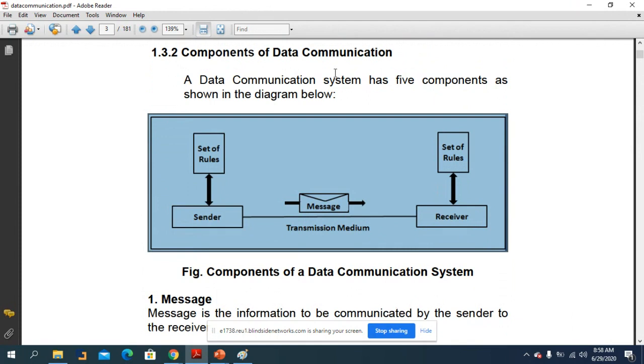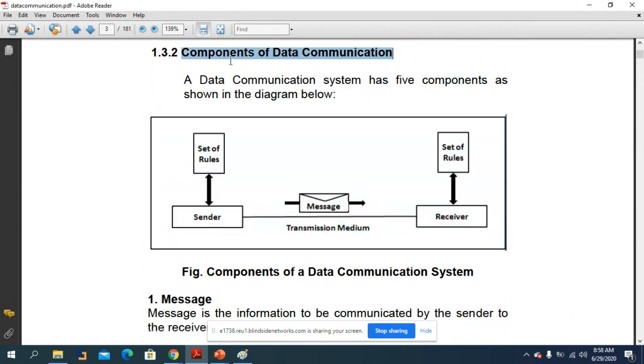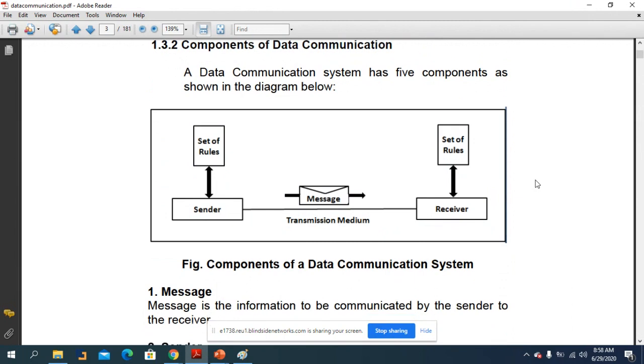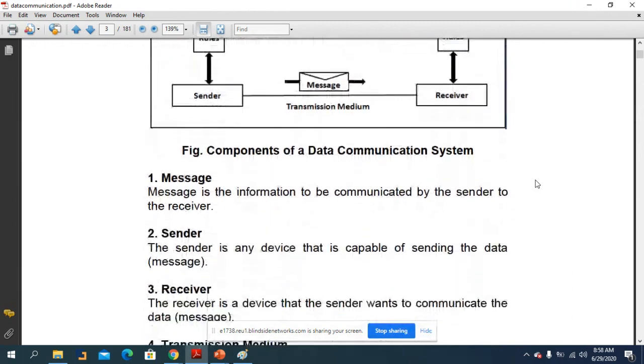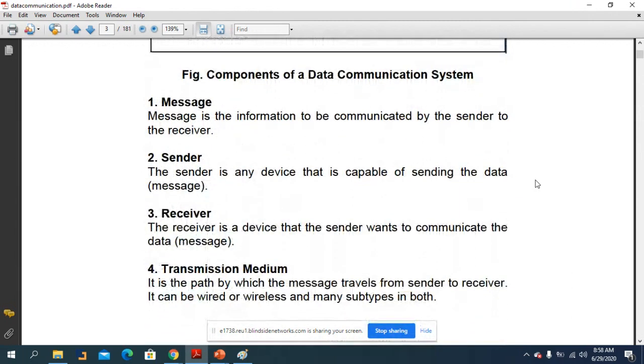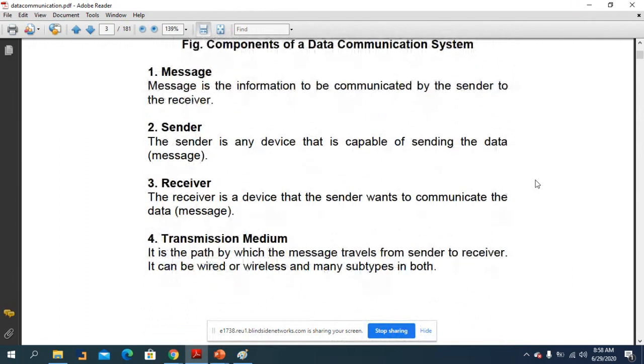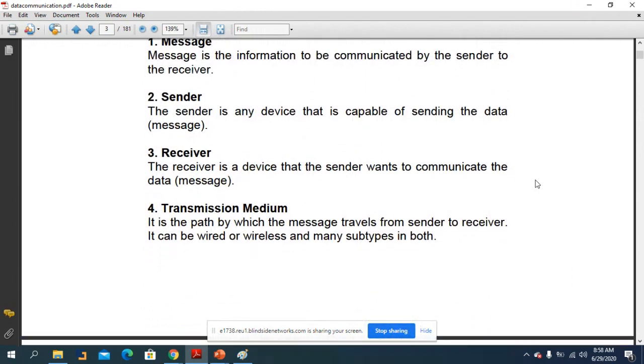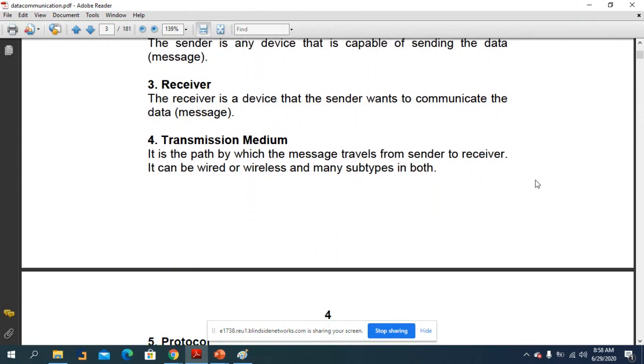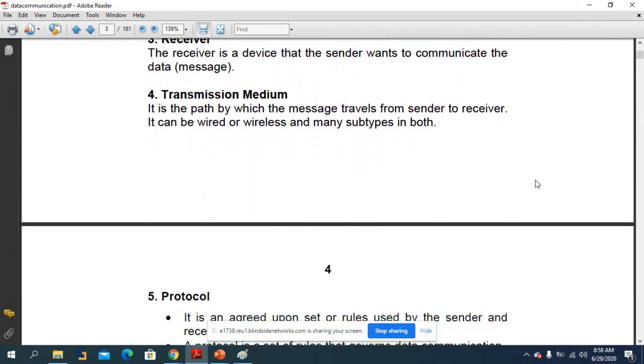So this question is very common in networking. Sometimes you can be asked the components of data communication. One of them is a message, the information to be communicated. Then the sender, whoever is supposed to send some information, and the receiver, whoever is supposed to receive the message. And then we have the transmission medium.